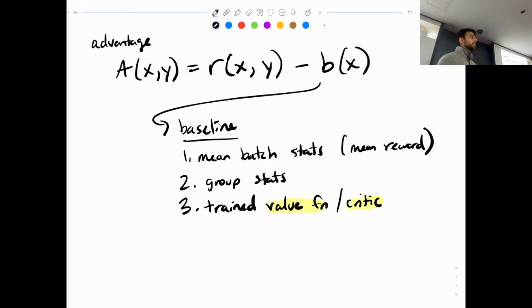The value function here is a little more complicated, well, a lot more complicated than that. Instead of just taking in the prompt, it actually takes in the prompt plus all the tokens the model has generated in the response up till some point. And then it tries to predict the reward, assuming the model completes that response at the end of the response.